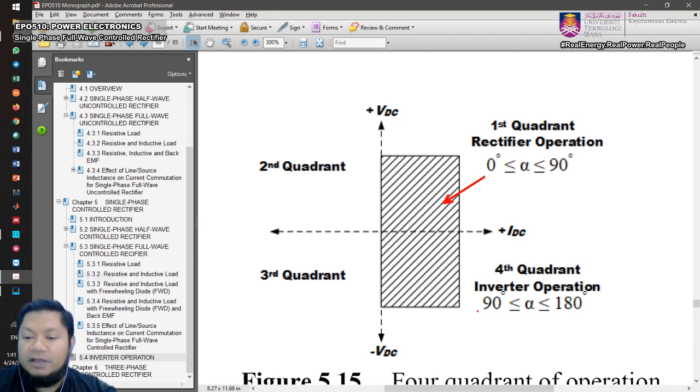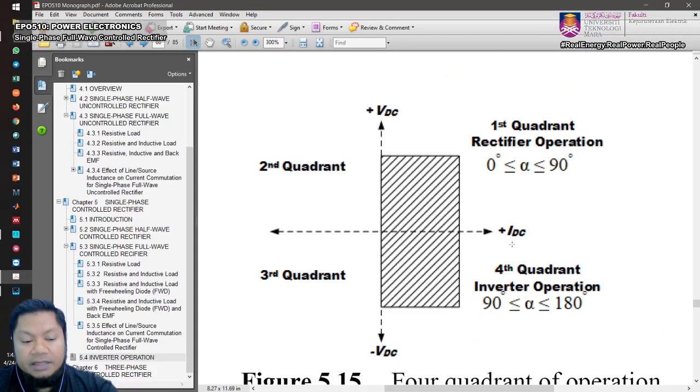But when your alpha is set between 90 to 180 degrees, your voltage is negative. In this case, the rectifier is now operating as an inverter. So it operates under inverter operation, and this is known as fourth quadrant inverter operation.